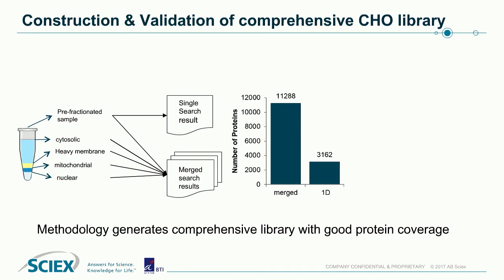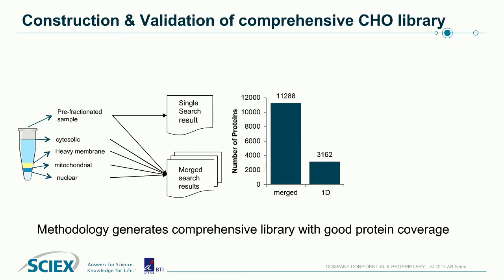At the moment, the number of proteins in this library, in collaboration with these guys, is around 1,100, and these are highly curated and highly conservative results. This is from the merged data set of all the different fractions that are present, so we have good coverage of the proteome.